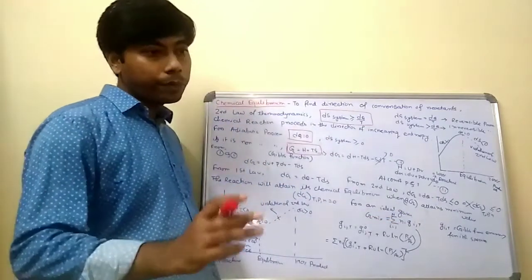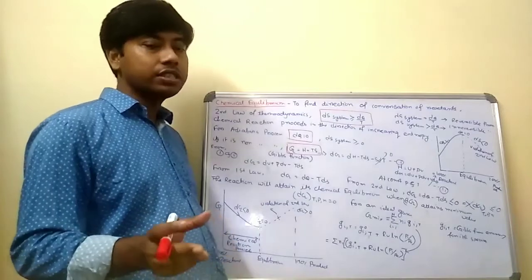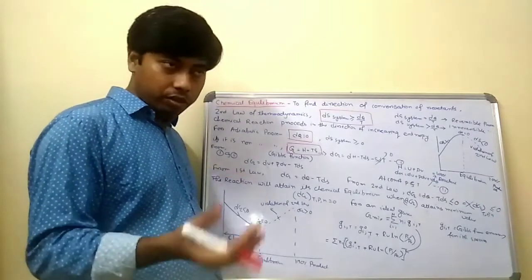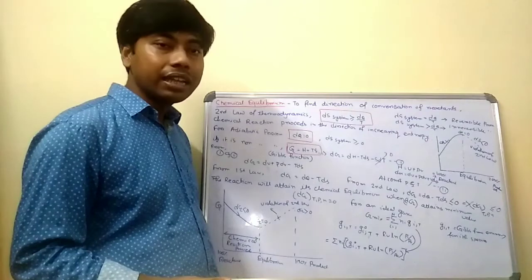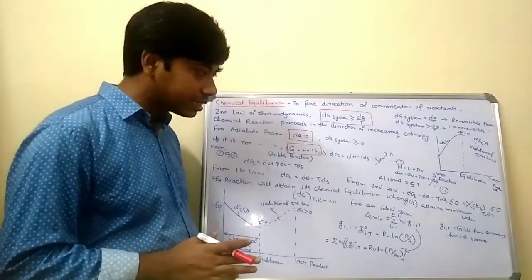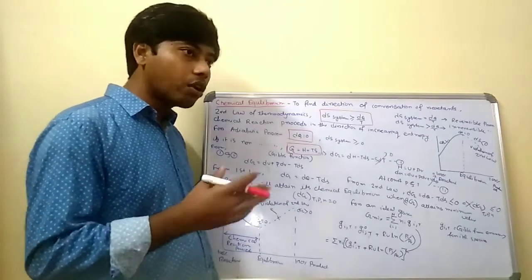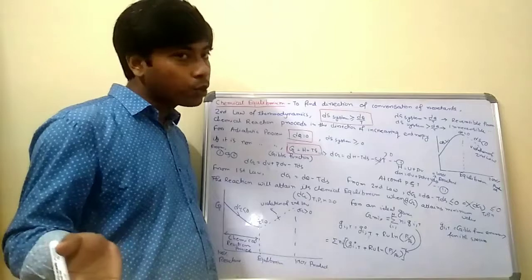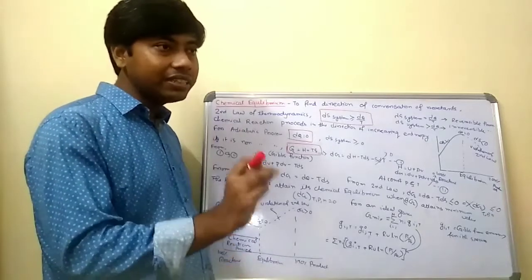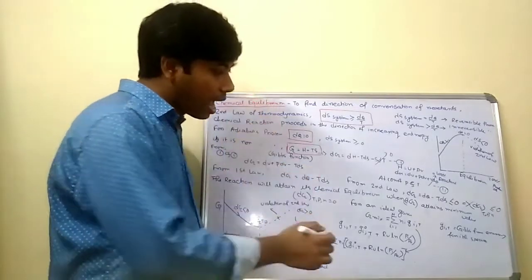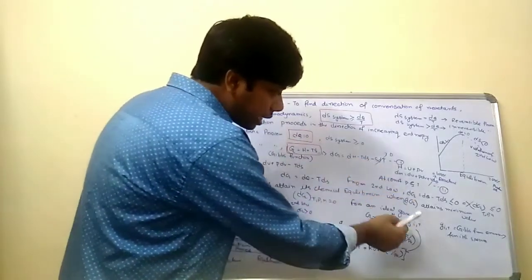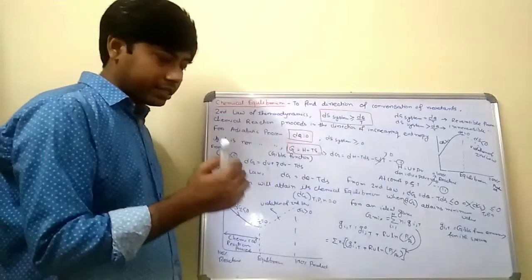Ni is the number of moles present of the ith species, Ni into Gi,T. It indicates there are lots of reactants or products. So Gi,T indicates the Gibbs free energy for the ith species at a particular constant temperature.